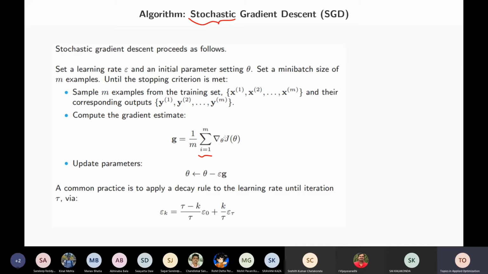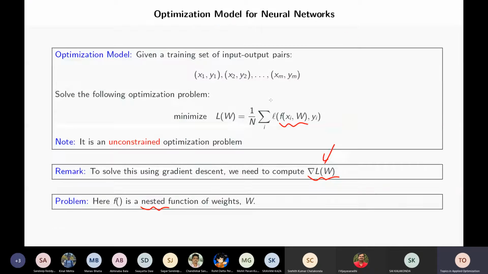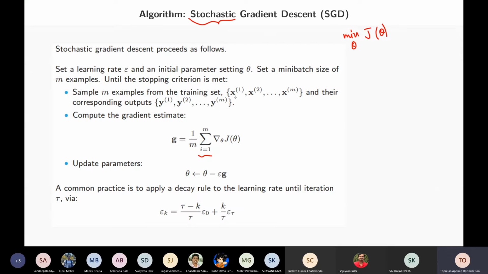In this case, the problem was to minimize over theta, J(theta). So this was our problem, and we are trying to minimize this over the M samples here. Originally, M stands for the complete set of samples, but here you should not get confused, M is the selected set.